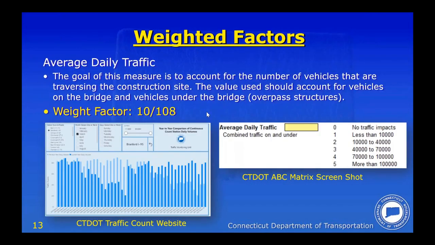So right now I'm going to discuss these 10 different measures here that went into the ABC decision. These are a matrix. These are factors that a designer would insert in the table, from 0, no traffic impact, to 5 being very high traffic impact.